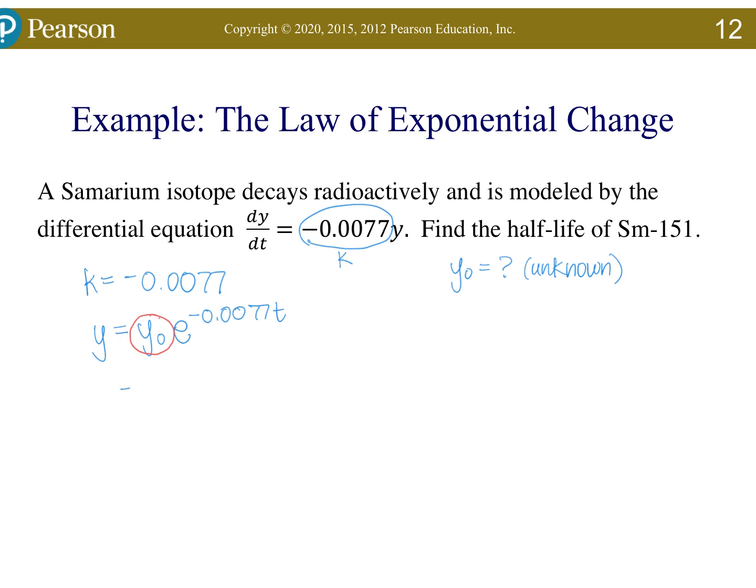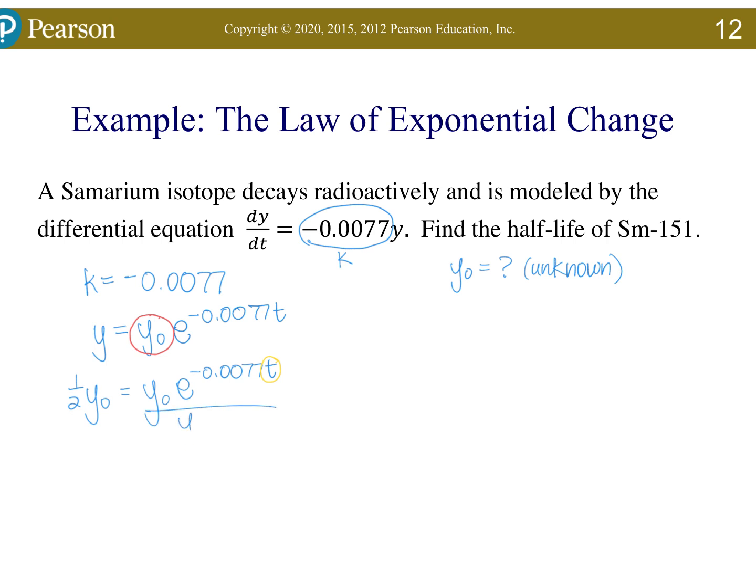And so we can say, if I start with Y sub 0 in the equation e to the negative 0.0077t, how long will it take me to get down to half of Y sub 0? In other words, Y sub 0 divided by 2. That would be half as much. Again, we don't know the specific amount, but we can do it with an arbitrary value. And then we want to solve for t. That's the question. Find the time that it would take for that to happen.